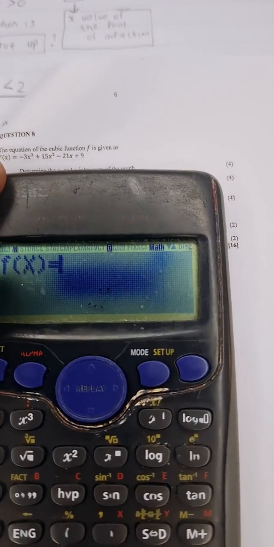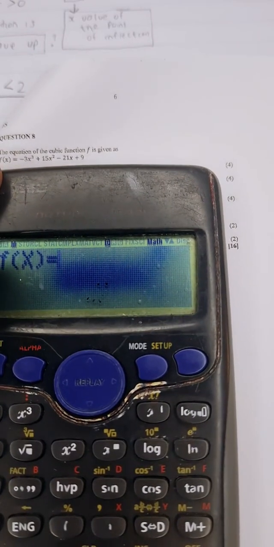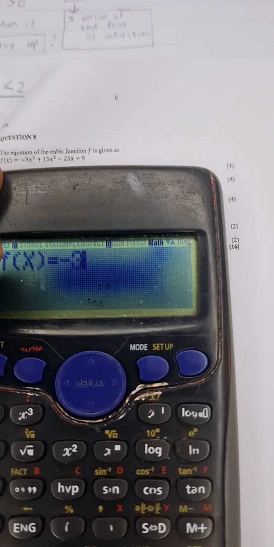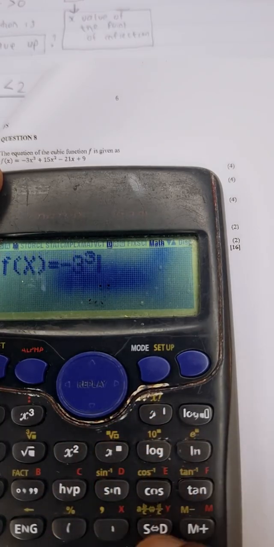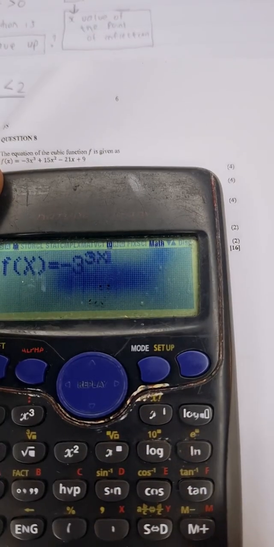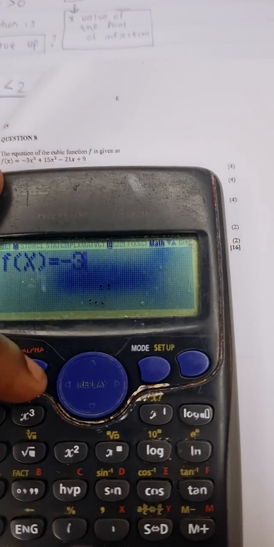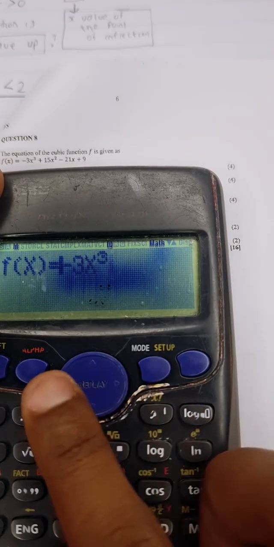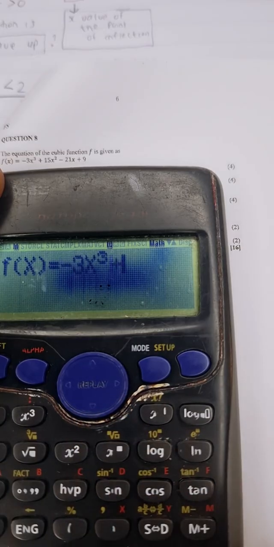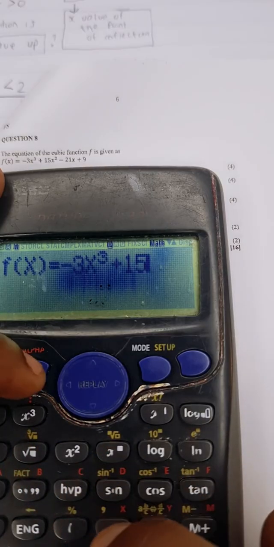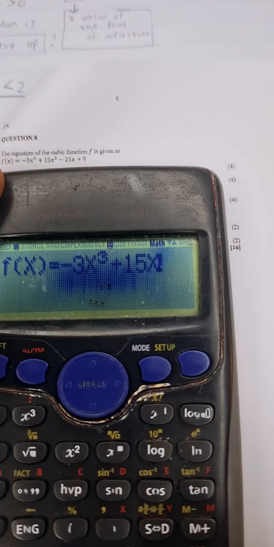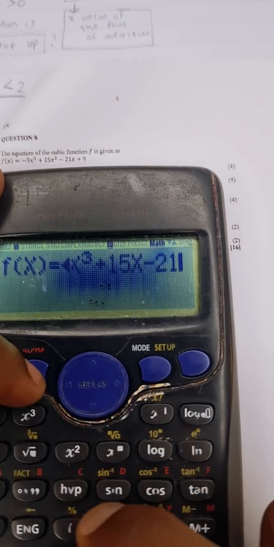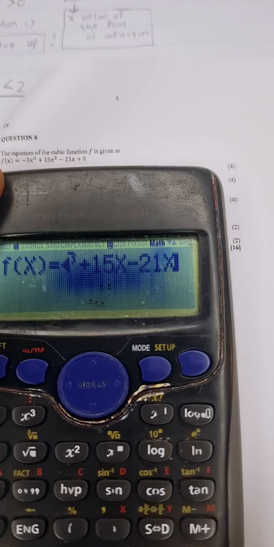So we have negative 3, alpha x, then the x cubed, plus 15x, minus 21x, plus 9.